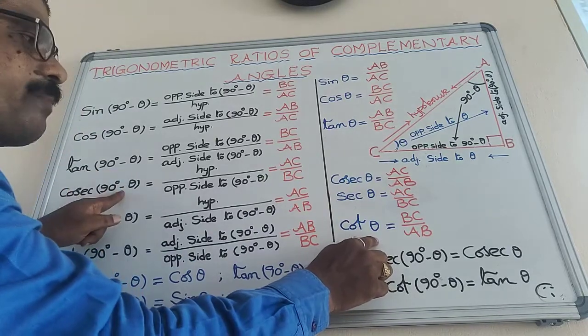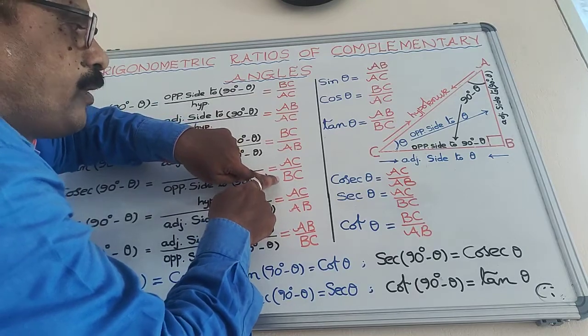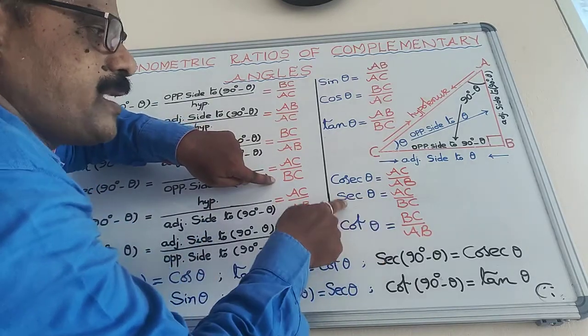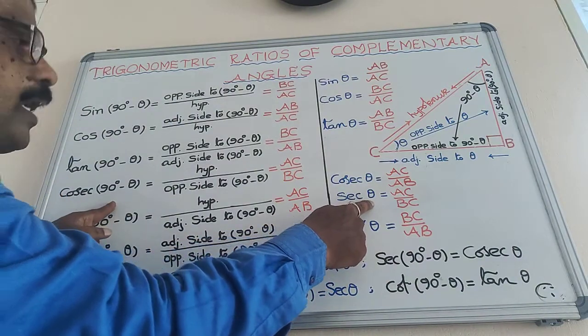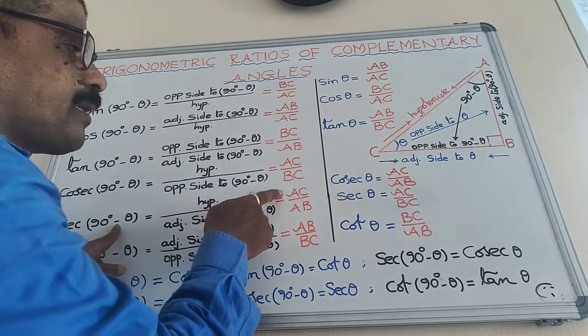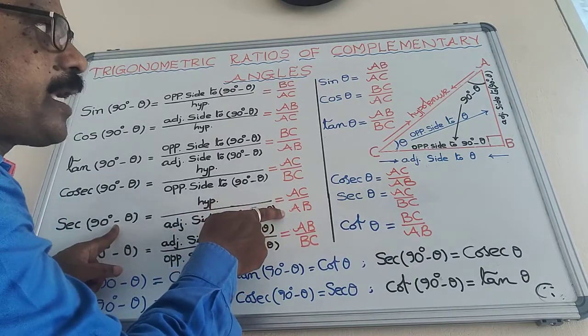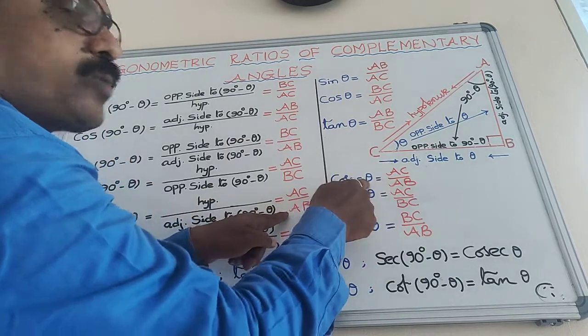Now cosecant 90 minus theta value is AC by BC. Clear? Now AC by BC is secant theta. Now we observe that cosecant 90 minus theta equals secant theta. Now secant 90 minus theta value is AC by AB. Clear? Now AC by AB value is cosecant theta.